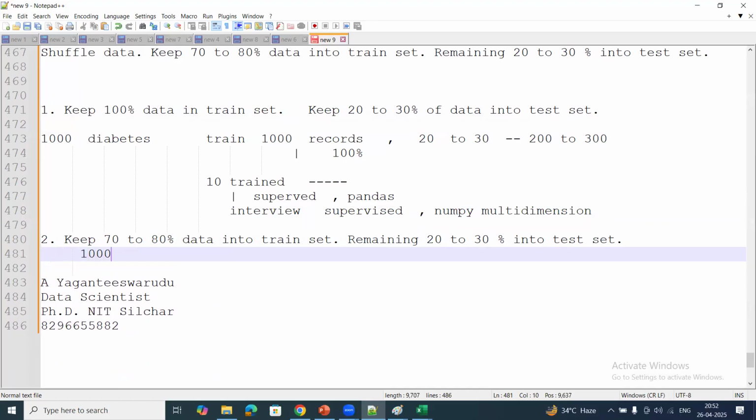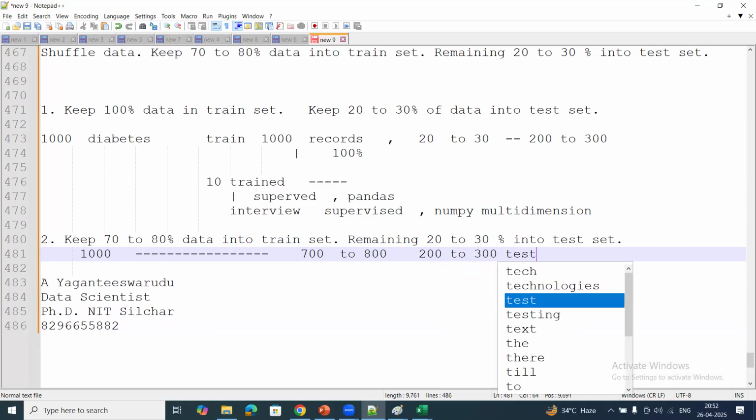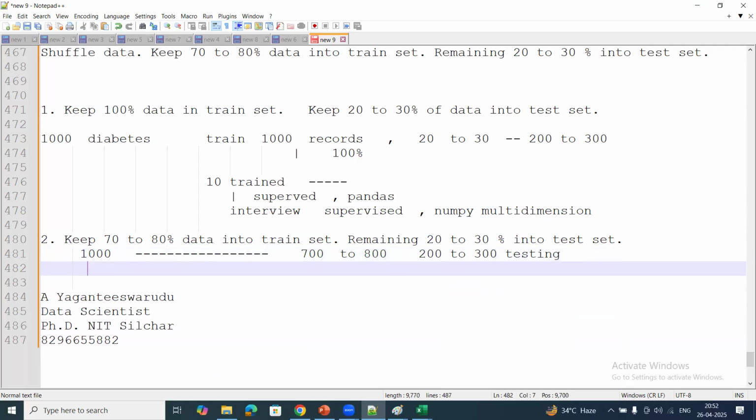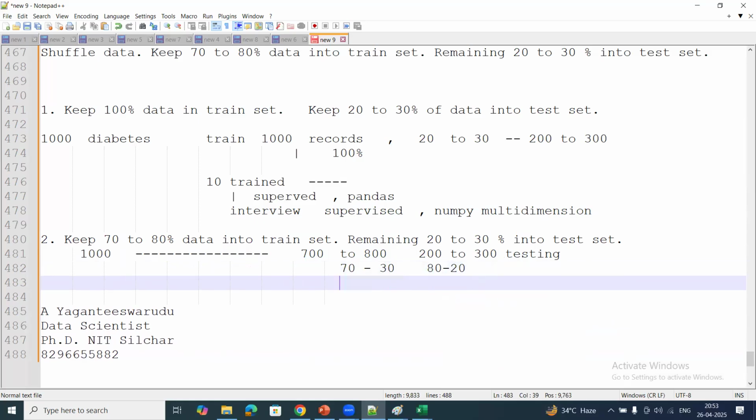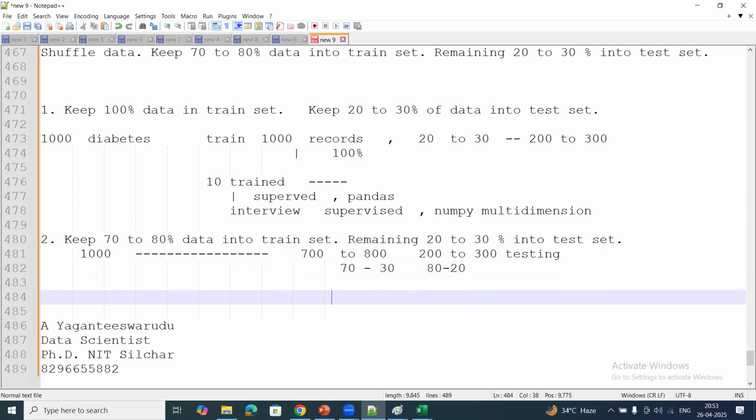Let us say 1000 records: 700 to 800 records for training, and 200 to 300 records for testing. As I told, the industry standard is usually 70-30 or 80-20. So I'm training with 700 records and testing with the remaining 300 records.